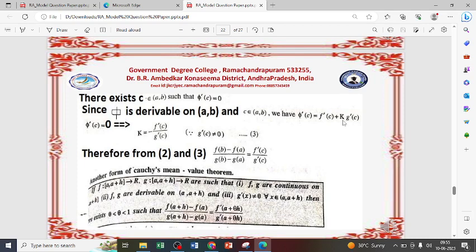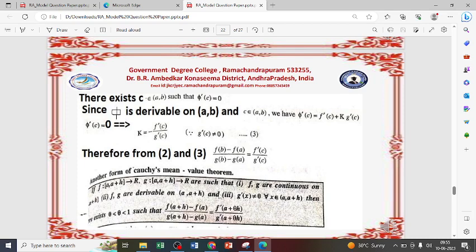That implies k equals minus f'(c) divided by g'(c), and g'(c) is not equal to 0. Call this equation 3. So from equations 2 and 3 we have (f(b) minus f(a)) divided by (g(b) minus g(a)) equals f'(c) divided by g'(c).